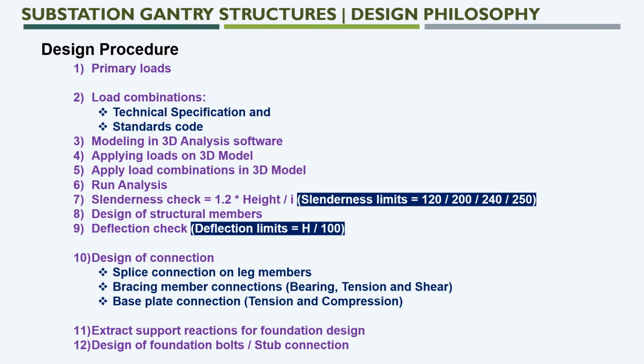A redundant member is, suppose the main leg height is more than expected and it is going to fail in slenderness, say for 120, then we have to provide an intermediate bracing. That is called secondary bracing. It won't take any load.